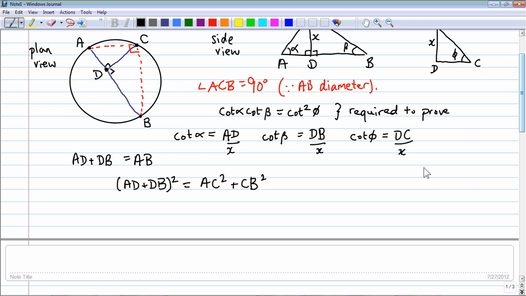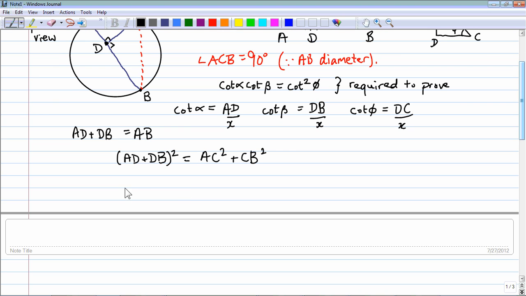But that doesn't really matter. So having written this, obviously I can expand this out. The left-hand side can be expanded as a square into AD squared plus DB squared plus 2 AD DB. And that's still equal to AC squared plus CB squared.